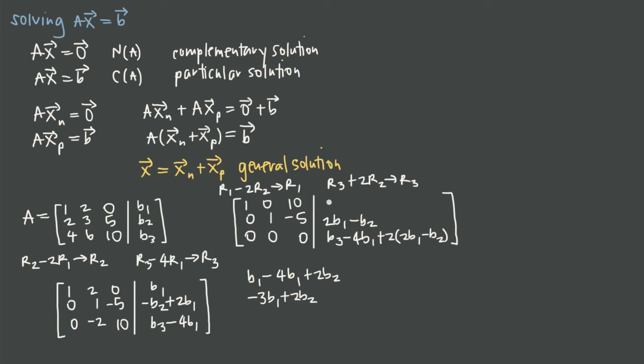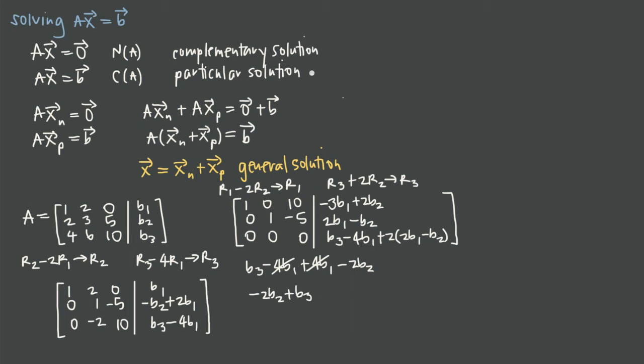So we'll say that this is negative 3B1 plus 2B2. And then for the third row here, we'll get B3 minus 4B1 plus 4B1 minus 2B2. The negative 4B1 and positive 4B1 cancel, and we'll be left with negative 2B2 plus B3.